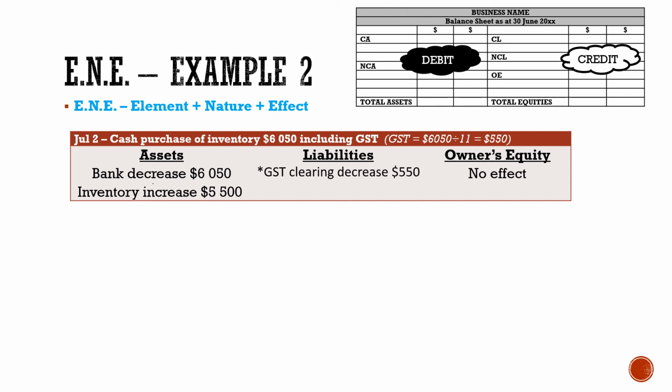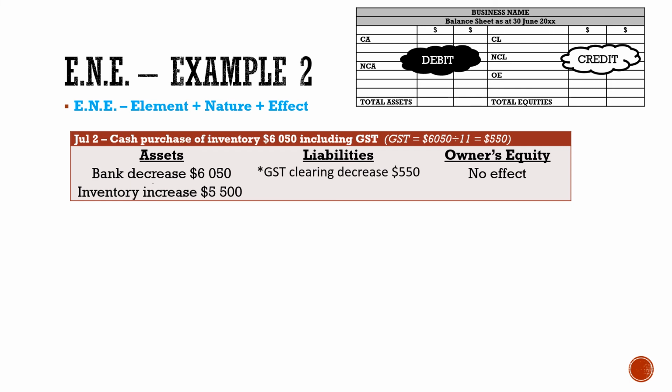Under assets, we recognize that the bank has decreased by $6,050. This represents the total amount that was paid for the purchase of inventory. Also under assets, the inventory has increased by $5,500. This is the cost of the inventory purchased, excluding GST.